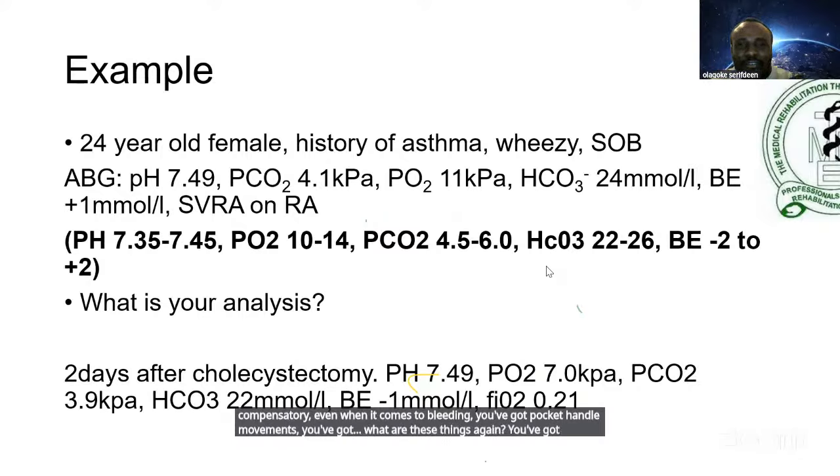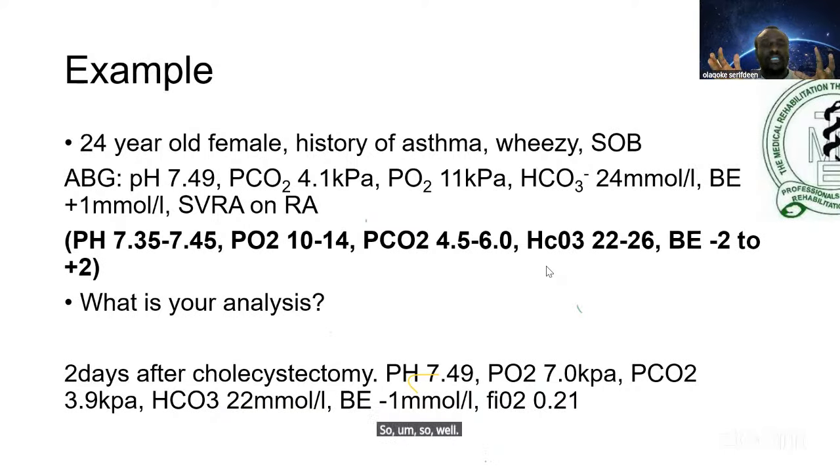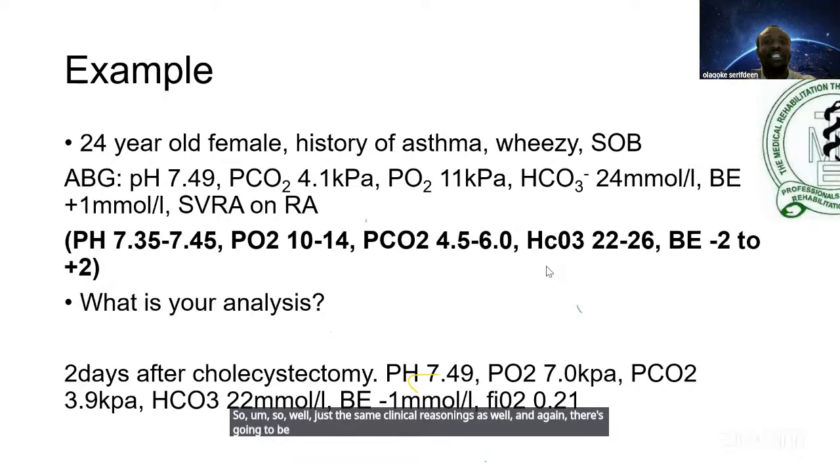Adults can generally have good respiratory reserve compared to peds, 1 year old, 2, 5. They are still young babies. But it's just the same clinical reasonings. And again, there's going to be an acceptable range for peds that you can also use.